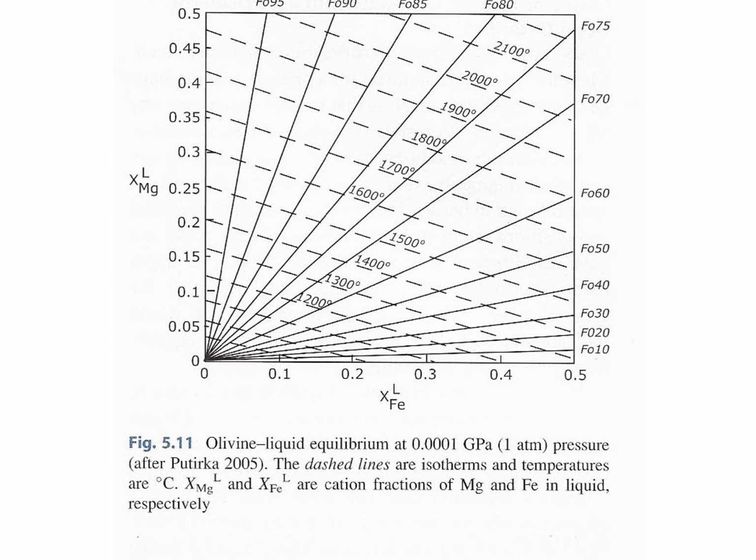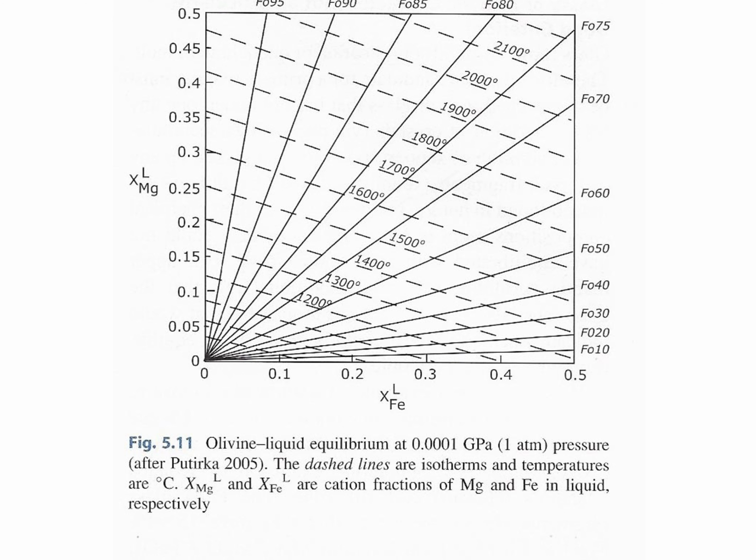What do we have here? We have an olivine-liquid equilibrium at 0.0001 gigapascal. That is 1 atmosphere, that is at the Earth's surface. The dashed lines are isotherms and temperatures are in degrees Celsius.